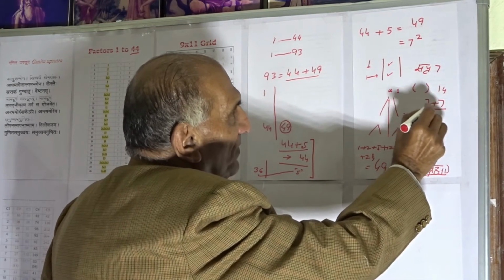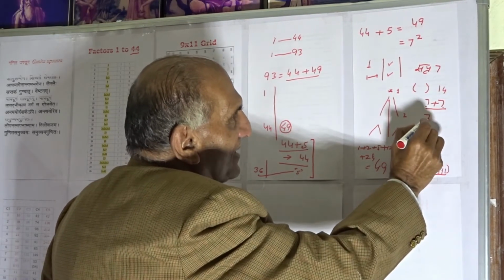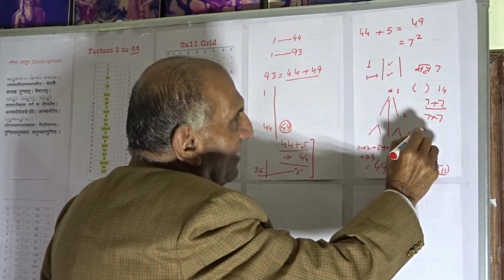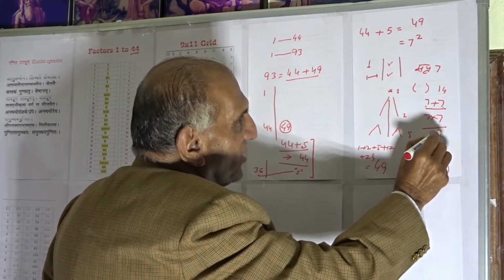So this 7 plus 7 and 7 into 7 lead to value 63.